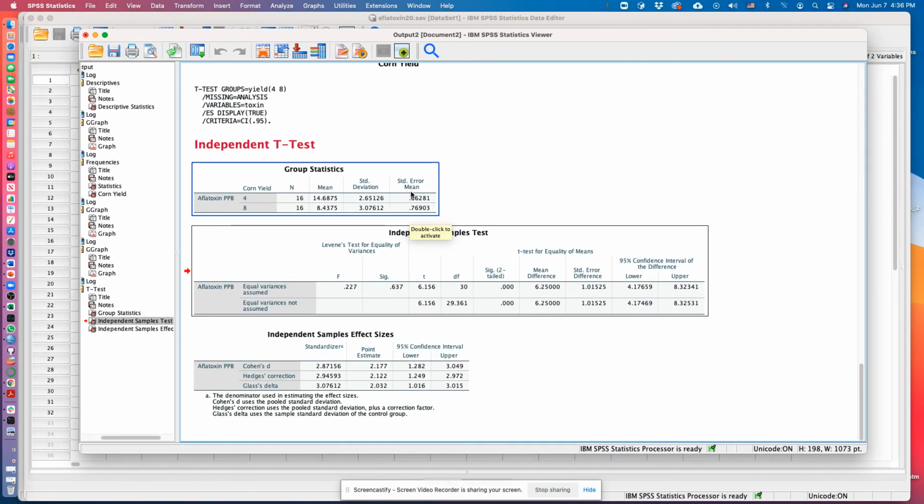So we can use either of these two values, and in fact they're both saying that the difference is statistically significant. The variance is, for the most part, equal, and so that's what we would report: that the difference between the mean of the two groups is statistically significant. And I'll show you in the next video, when we do a paired t-test, how we would interpret that and how we would report on it.